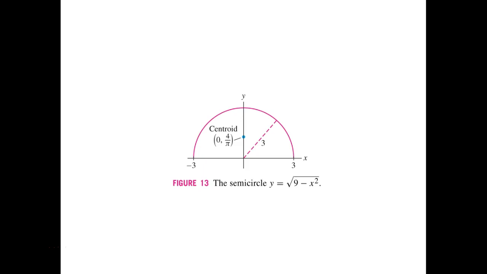So you know that's got to be on the y-axis. So x equals 0. X bar is equal to 0. It's got to be there. So now all we have to do is figure out what the y bar is. Now, how are we going to do that? Well, lucky you, they didn't give it to you in the problem, but they gave it to you in the figure here, this semicircle.